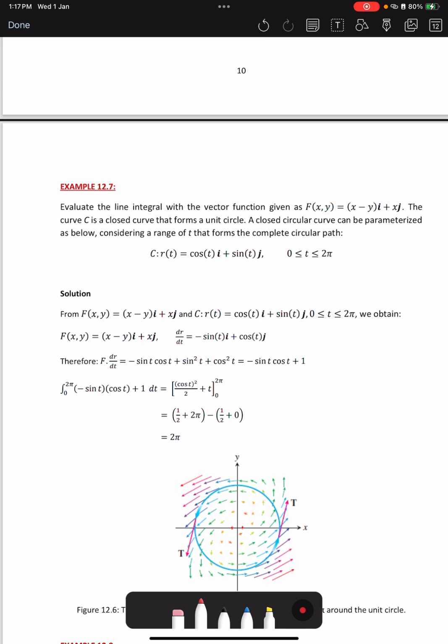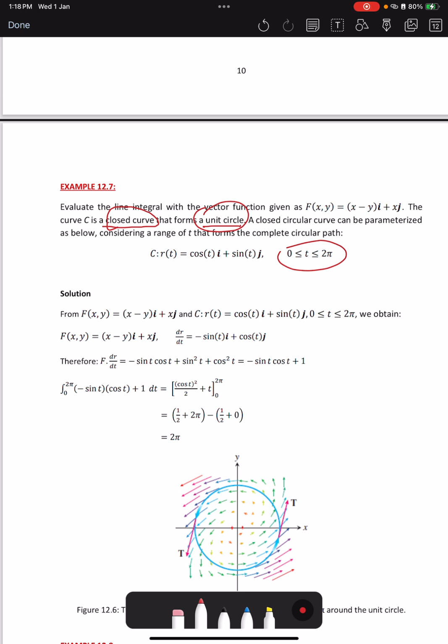Evaluating the line integral with vector function F(x, y) = (x − y)i + xj. The curve C is a closed curve that forms a unit circle. A closed circular curve can be parameterized as below, where r(t) is given by cos t i plus sin t j. And we know the interval, because it is a closed curve forming a unit circle, the angle is from 0 to 2π, and the radius is 1.